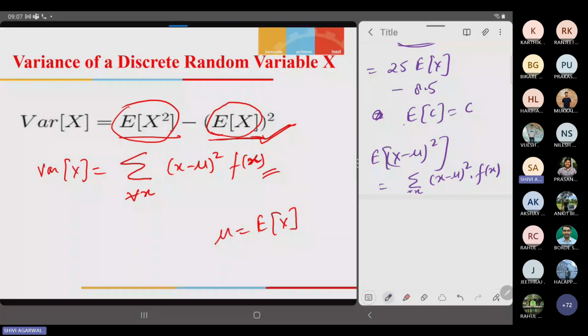Okay, just opposite of A. This sign is for all. So we can say here summation for all x. For all values of x, we have to take the summation.